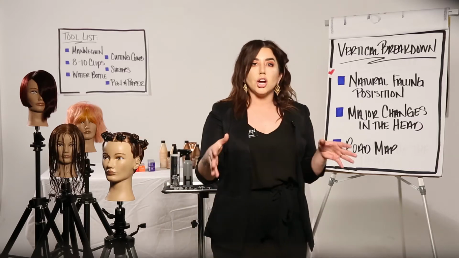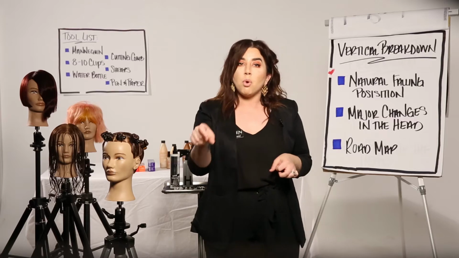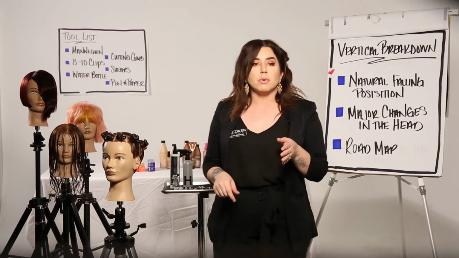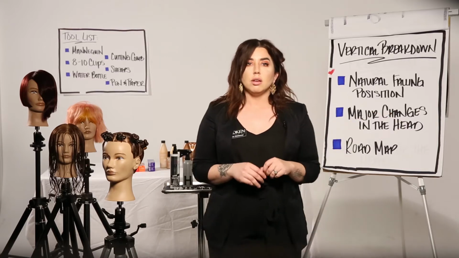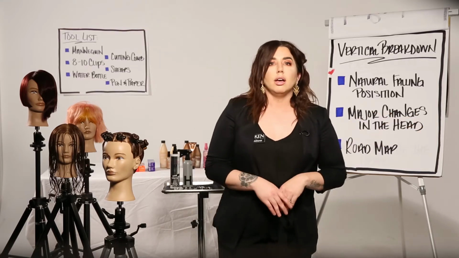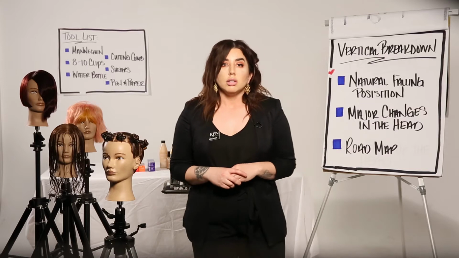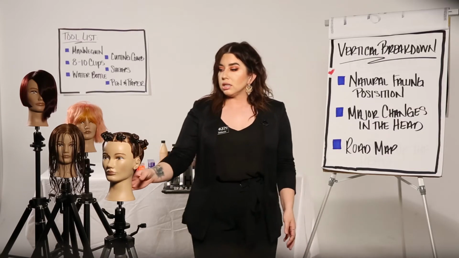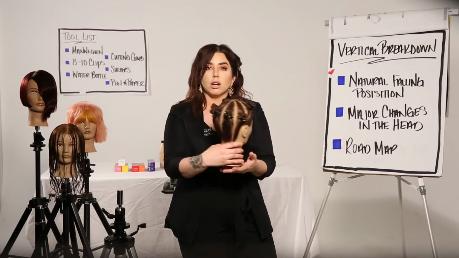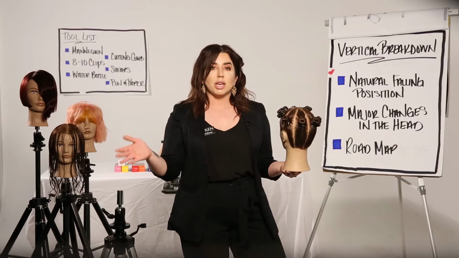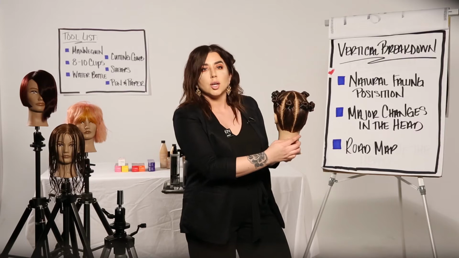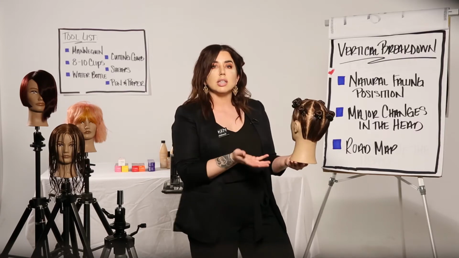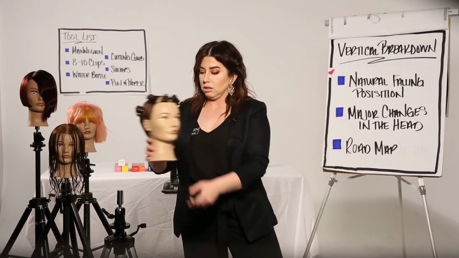Well, within that starting and end point, there's also other little points to get us there, right? Maybe we have to go west for a little while, and then we have to make a left turn. And then we go north for a little while, and then we have to make a right turn. So that's exactly what the vertical breakdown does for the hair to make us get to our 6-panel bob a lot faster. It has several points within the journey to get us to the end result faster.